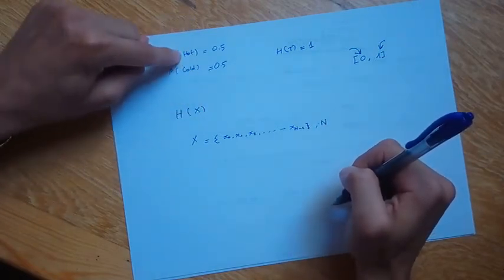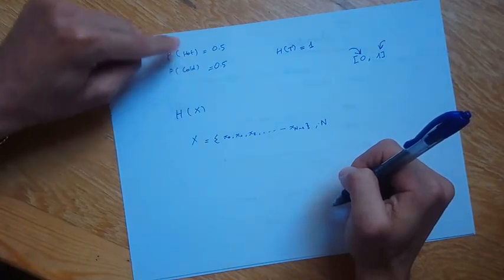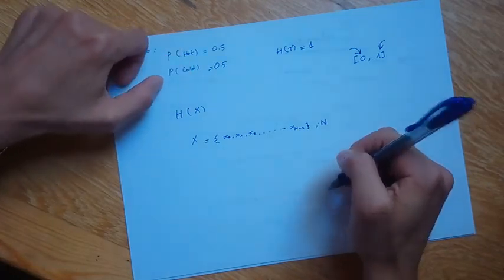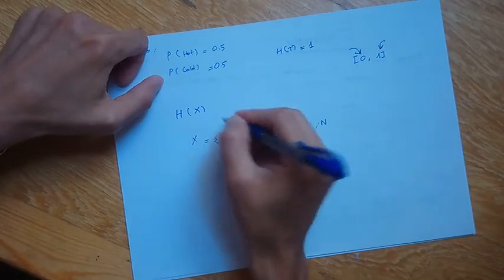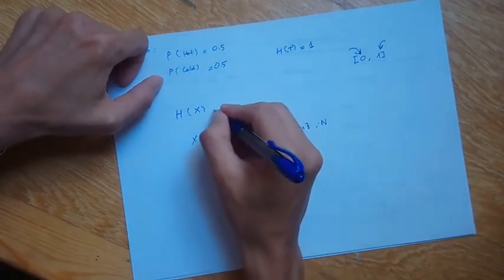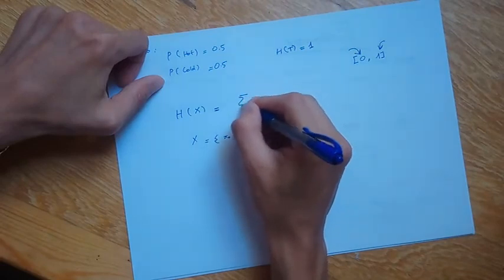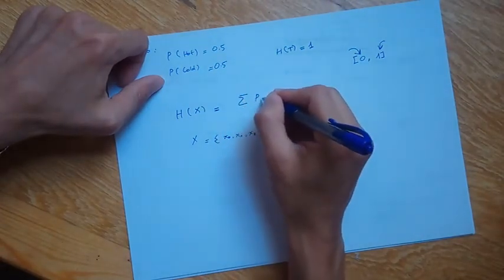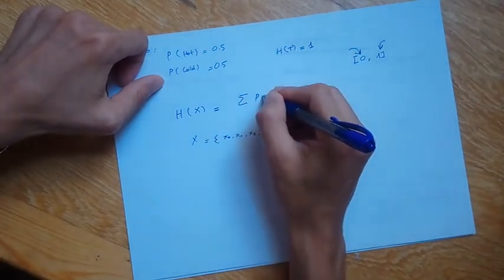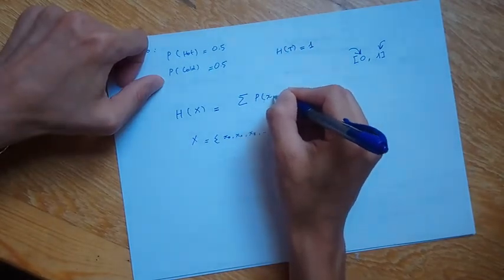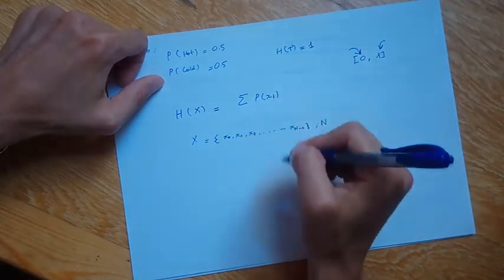So in that case, n was equal to 2, because I had just 2 possible outcomes. So in that case, if I have many possible outcomes, this is how to compute the entropy. So I need to take the summation of probabilities of each outcome. This is the first outcome, or rather the i-th outcome, right?